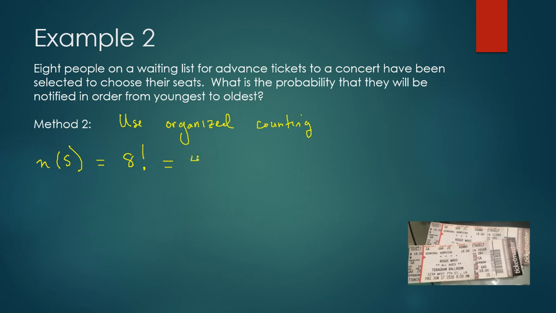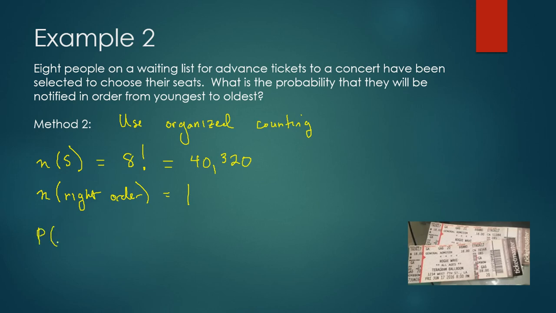8 factorial, 40,320. Of those 40,320 different orders of 8 people, the number of ways that they are in the right order, I think that's how I phrased it last method, there's just one correct order, right?